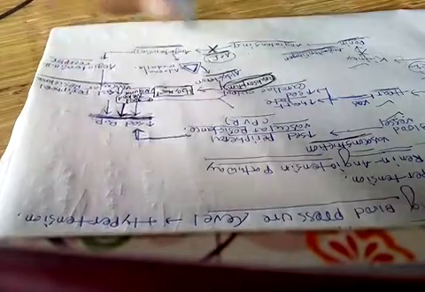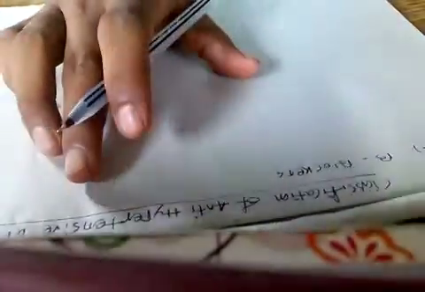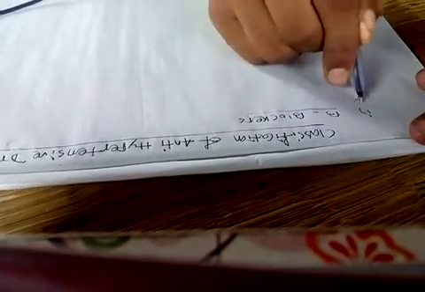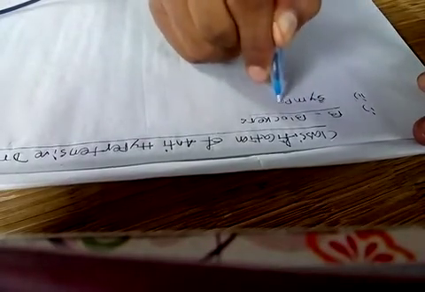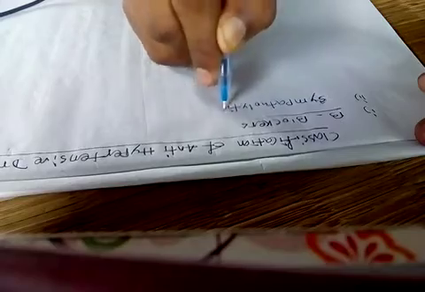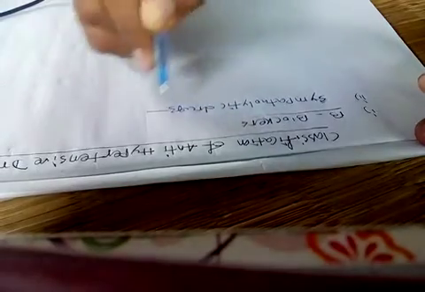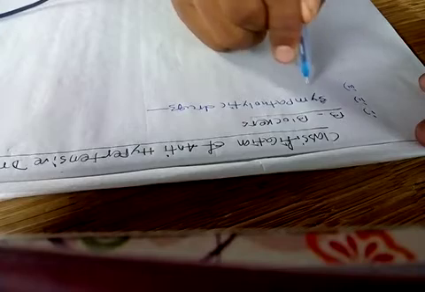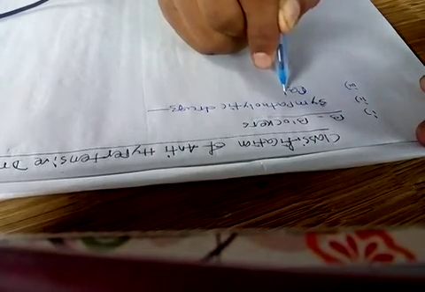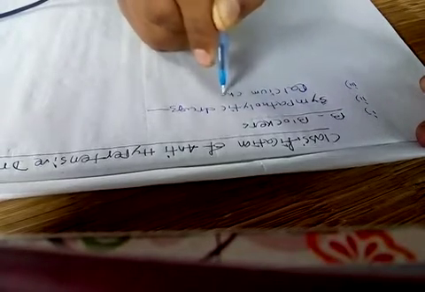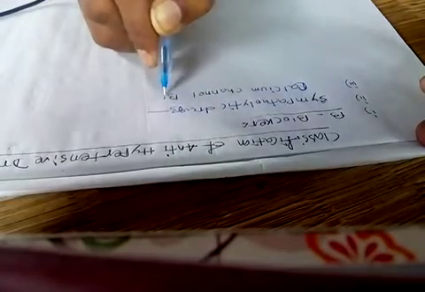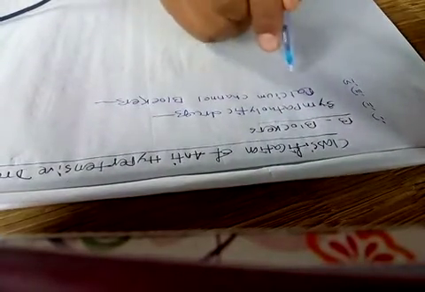Okay, so these are all the antihypertensive drugs. Here I am writing. The first one is the beta blockers, the second one is the sympatholytic drugs, the third one is the calcium channel blockers, the fourth one is the ACE inhibitors.